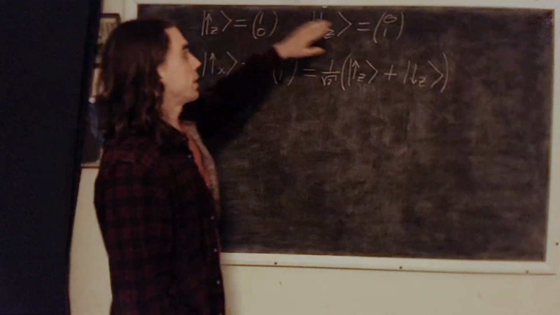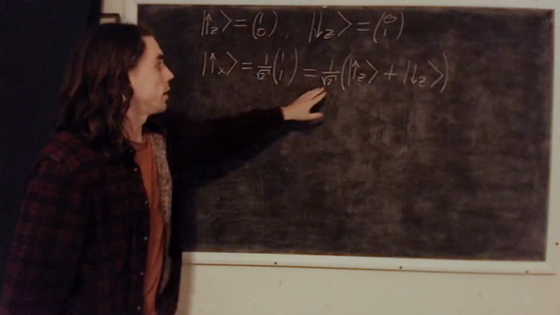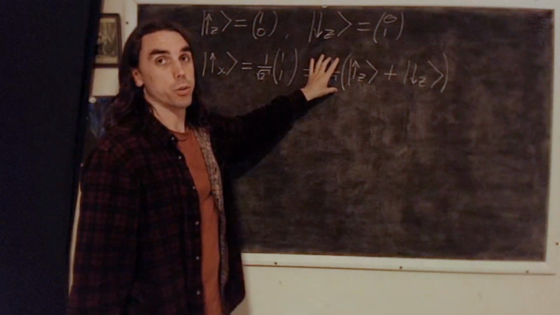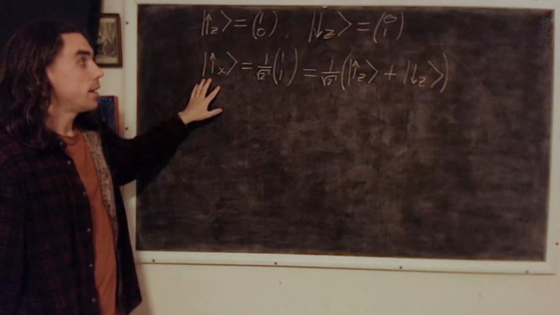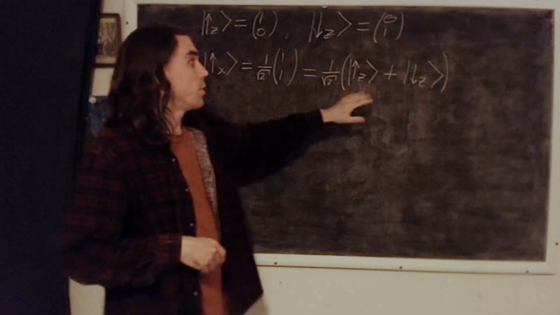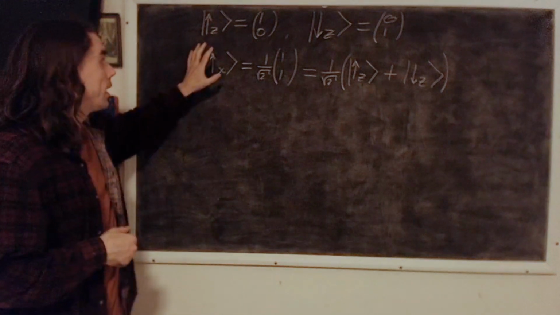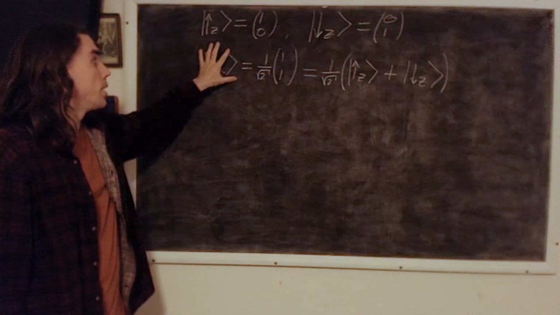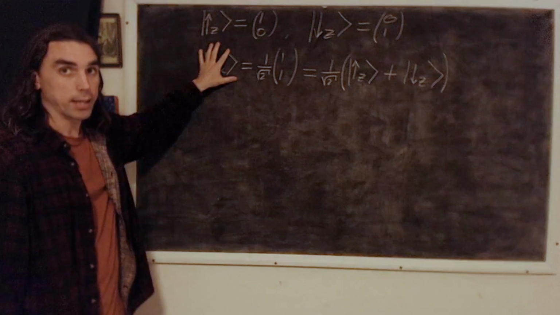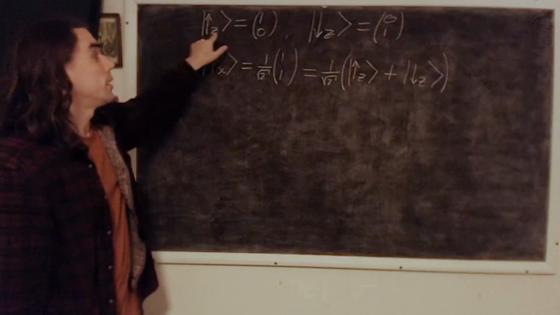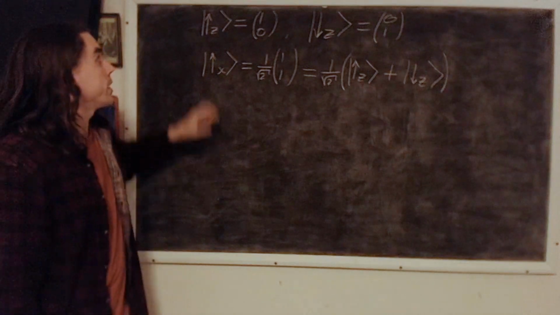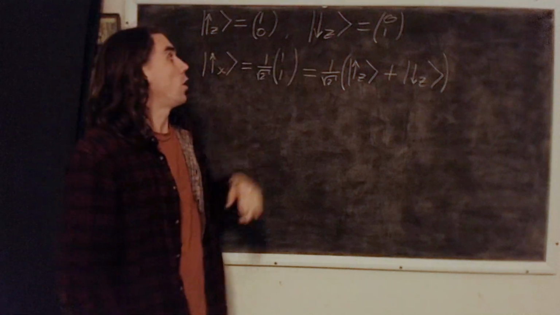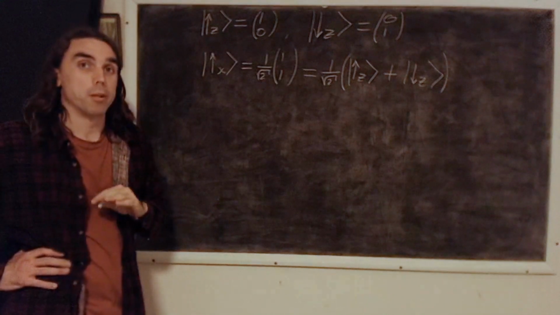Because we can add (1, 0) and (0, 1) to get (1, 1) and multiply by the prefactor to normalize, and we get the up in X eigenvector. I didn't have to take this form, but we knew that we must be able to write any 2 by 2 complex vector in terms of our Z eigenvectors, because these are the eigenvectors of a non-degenerate Hermitian matrix.